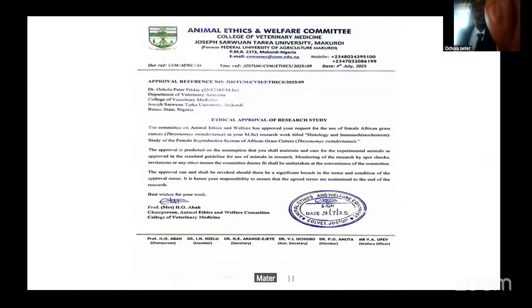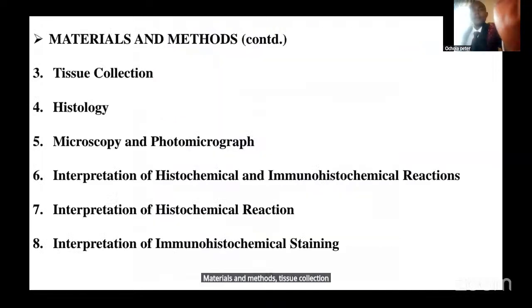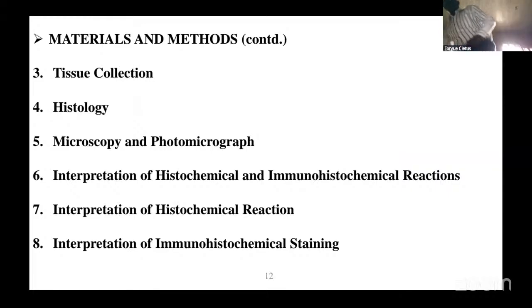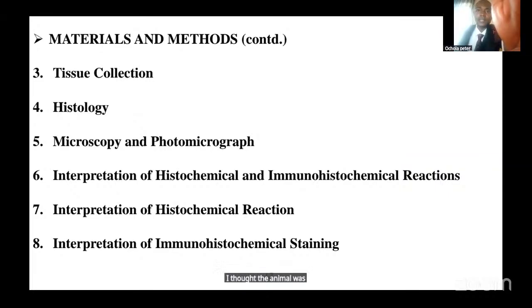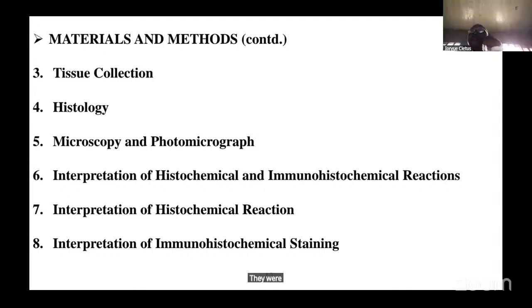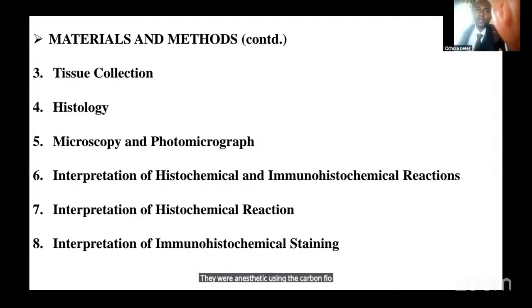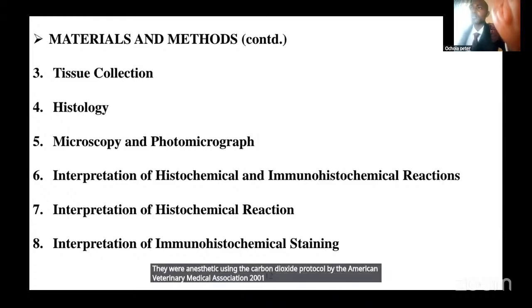Materials and methods, tissue collection. After the animals were stabilized, they were euthanized using the carbon dioxide protocol of the American Veterinary Medical Association 2001 guidelines for euthanasia of rodents.